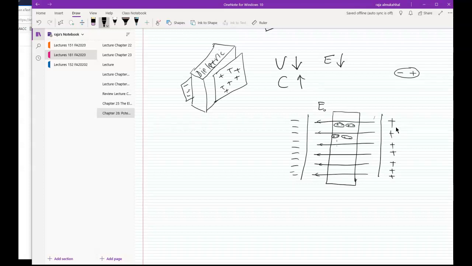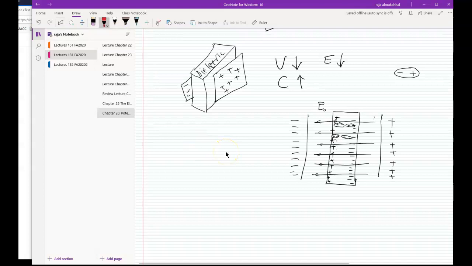So basically, the overall charge on this side of the insulating material is going to be positive, plus, plus, plus, plus. And this side is negative, the overall charge. Let me pick another color.